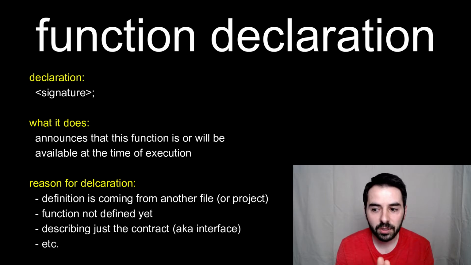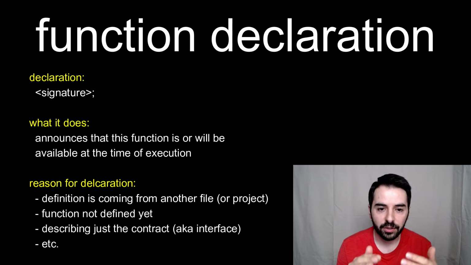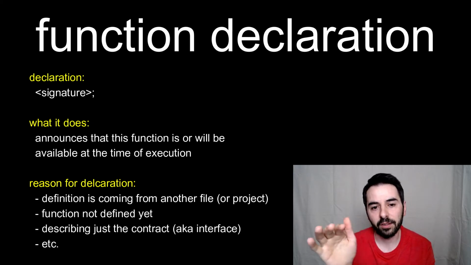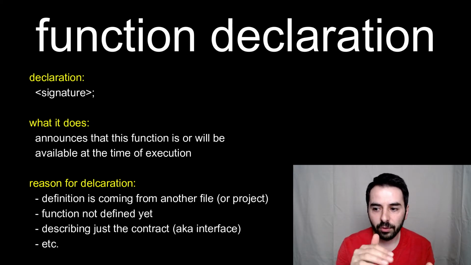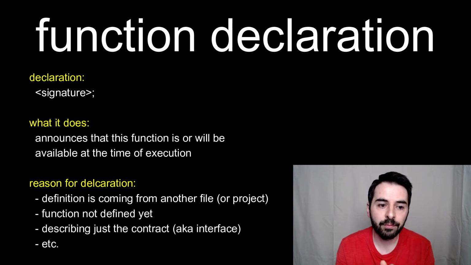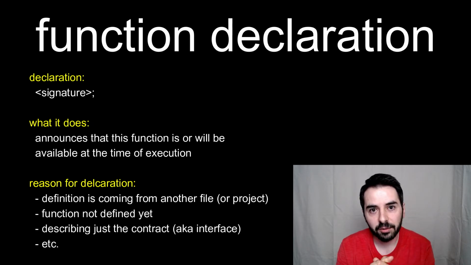So some languages won't let you use a function if you didn't declare it previously. And previously means before you're reaching it in the source code, so the line number of the declaration should be smaller than the line number of where you are using that function. There are some other cases where we need the declaration, for instance when we define interfaces or abstract classes, but we don't know about those yet, so I'll just skip.